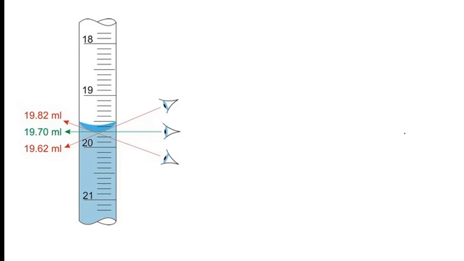So looking at this example here, the eye in the middle has got it right because they're looking straight across and they're reading correctly. Now because the numbers go down, it's 19.1, 2, 3, 4, 5, 6, 7. So that's where we've got this value of 19.70.